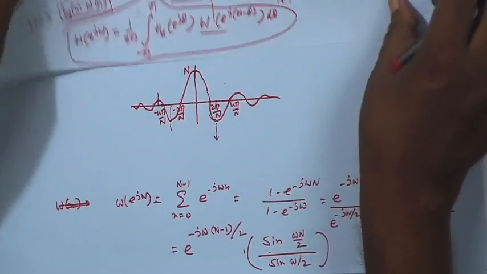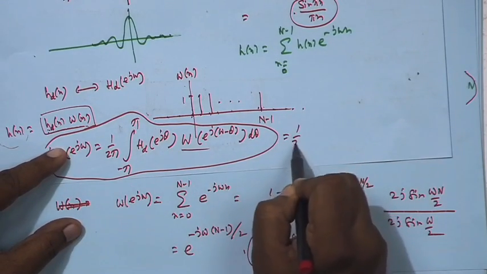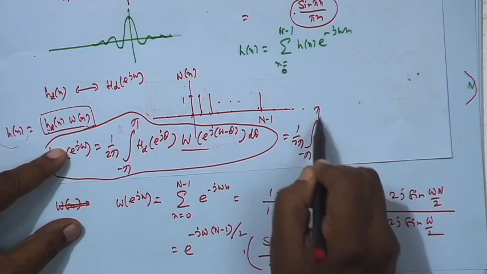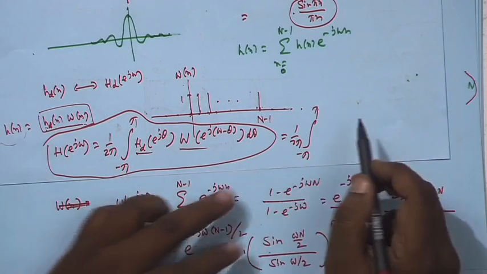All right. Now, if I bring it back here, this is symmetric. So, this function is nothing but, if you want to carry out the convolution, you have to multiply the two functions and integrate from minus pi to pi. 1 by 2 pi is just a scale factor.